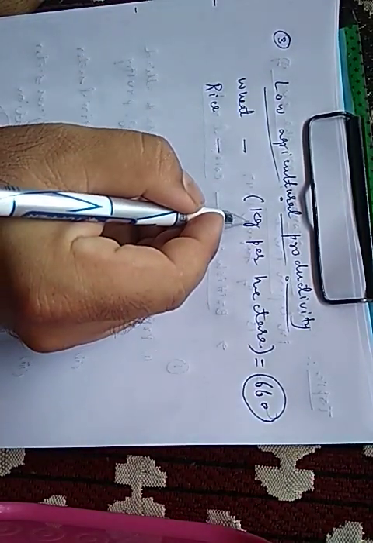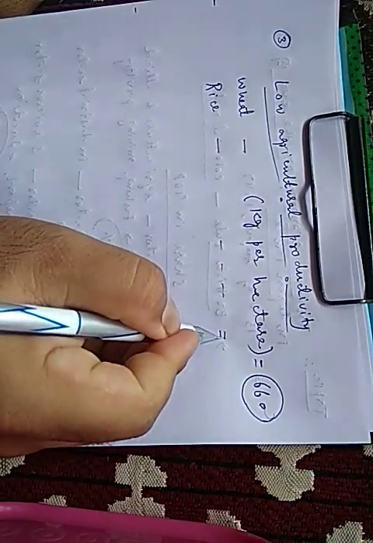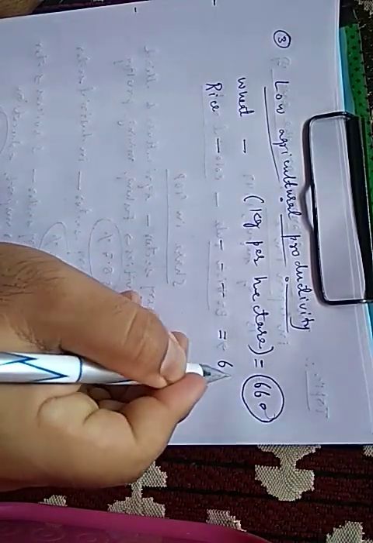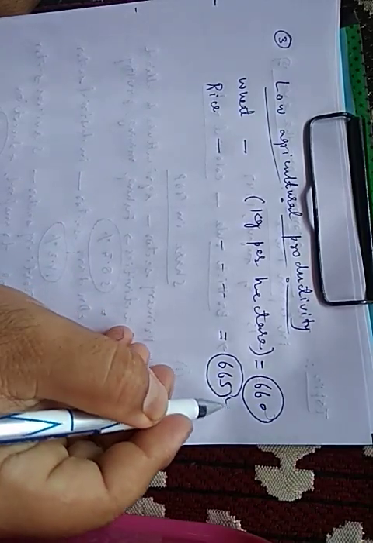Similarly, the productivity of rice, in terms of kg per hectare, was 665 kgs per hectare, and now it is more than 2000 kgs per hectare. And at the time of independence, it was only 665 kgs per hectare.